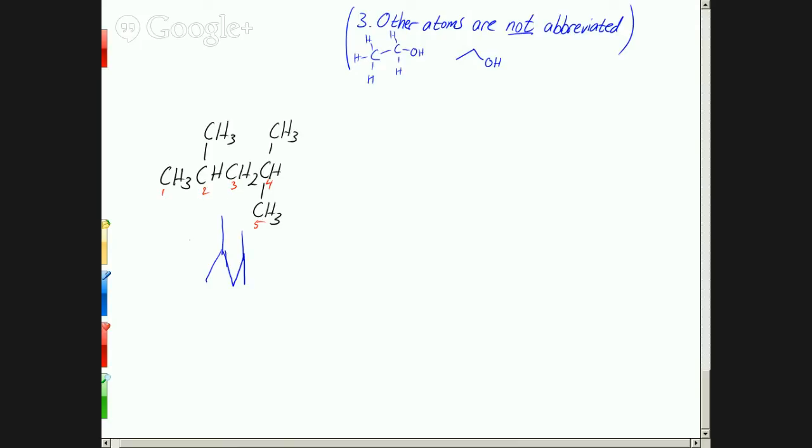There's 5 in a row. And then down here, I can show those also. 1, 2, 3, 4, 5. And then there's another one coming off of number 2. So maybe we'll call that A. And another one coming off of number 4. That's B. So I've got one coming off of 2 and one coming off of 4. So if it all maps out, then that's got to be right.